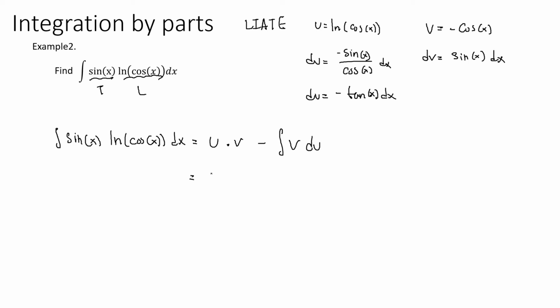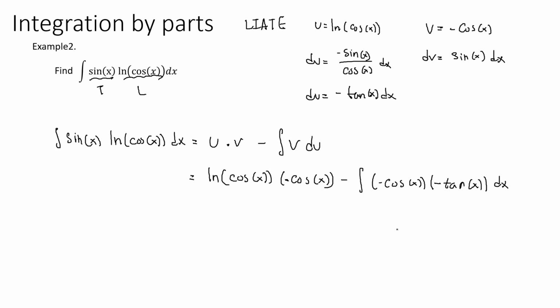Your u in this case was natural log of cosine of x times your v, which happened to be negative cosine, minus integral of v, which is negative cosine of x, times du, which happened to be negative tangent dx.